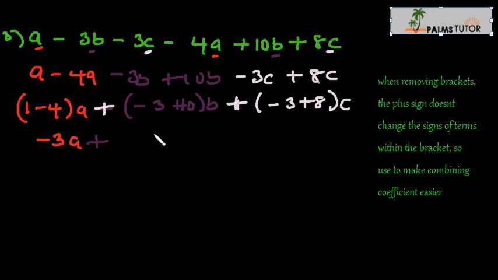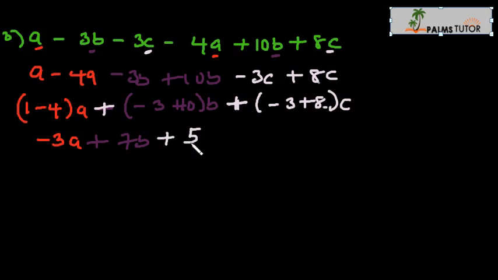Minus 3 plus 10 is plus 7, multiplied by b, that's 7b. Then I have minus 3 plus 8, which is plus 5, so plus 5c. And that will be our answer.